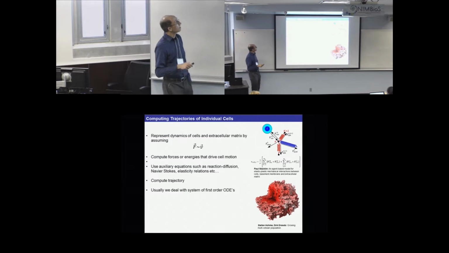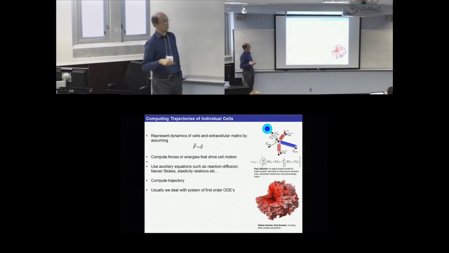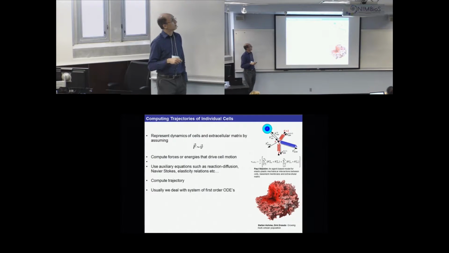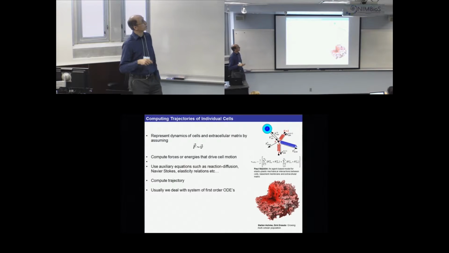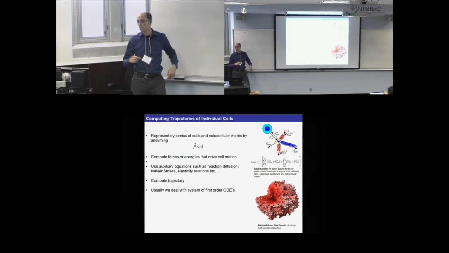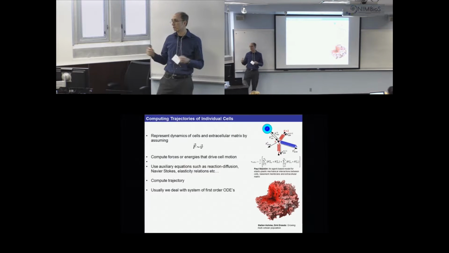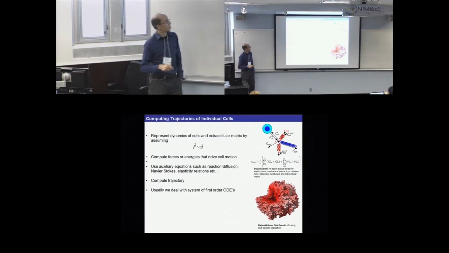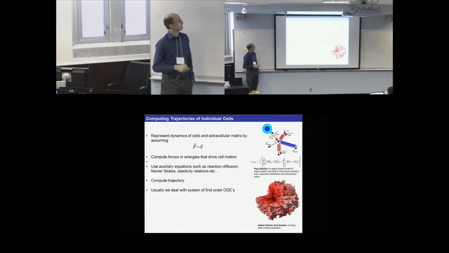So how do we run our multicell models? They all pretty much follow the same principle. First of all, we assume that force is proportional to velocity. Cells live in a viscous medium, so we can neglect acceleration. Next, for each individual cell, we compute forces or energies that drive cell motion.